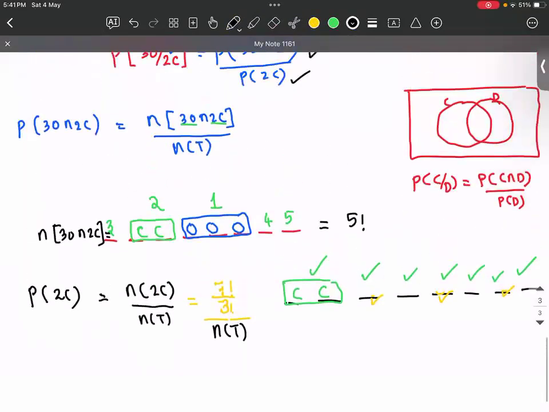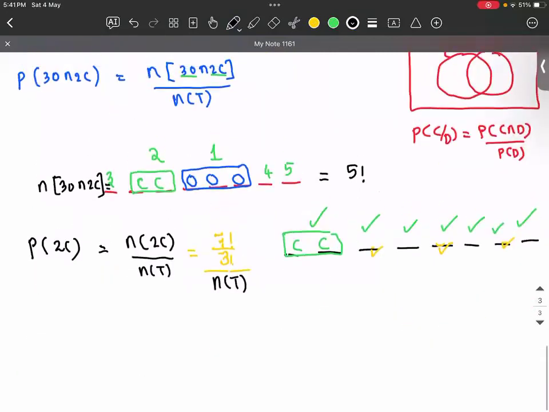So now we will substitute all these into our formula. The question is to find the probability of getting 3 O's given that it is 2C. So what was the formula? Probability of 3O intersection 2C divided by probability of 2C.